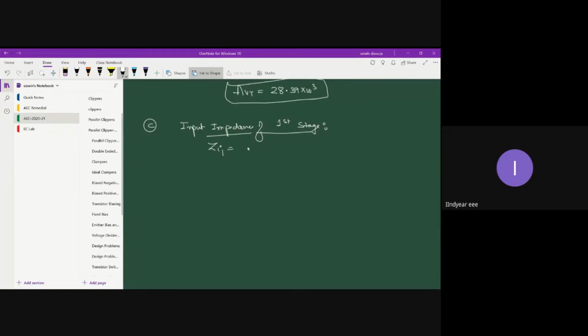So input impedance of the first stage is R1 parallel with R2 parallel with beta RE, that is 15K parallel with 4.7K parallel with 1.3K. So Zi1, you will get it as 953.6. Okay, so that's your first stage.